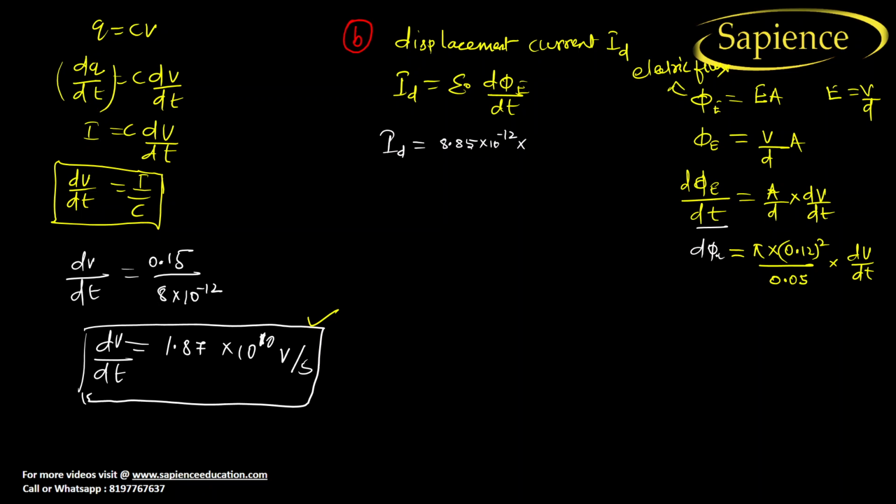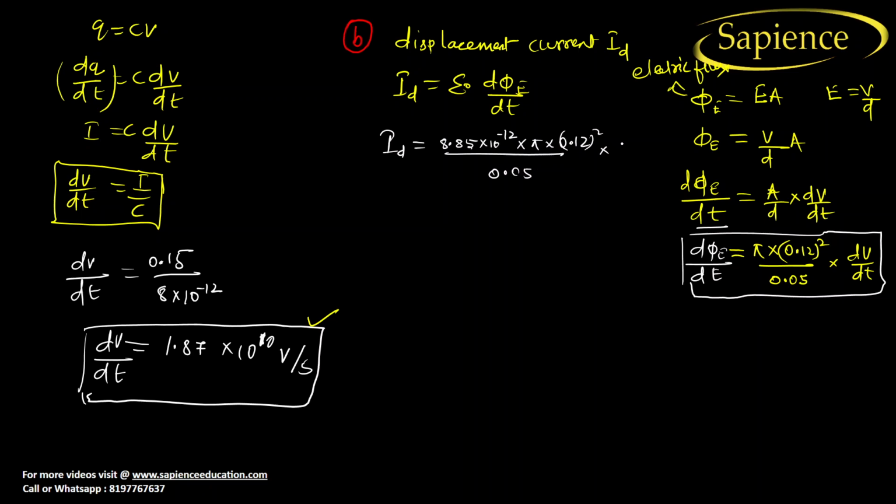The rate of change of electric flux can be rewritten as pi into 0.12 whole squared divided by 0.05 into dV by dt.